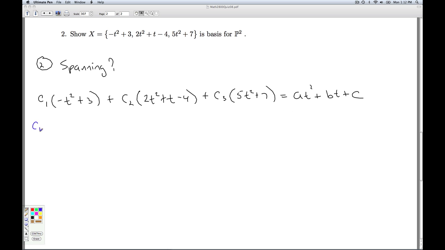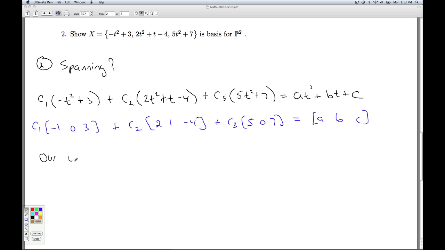This might as well be looking at a linear combination of these vectors being this vector. And so our work before shows spanning.